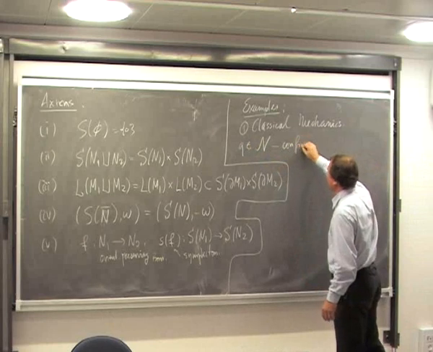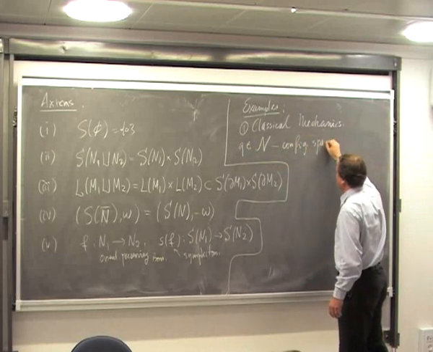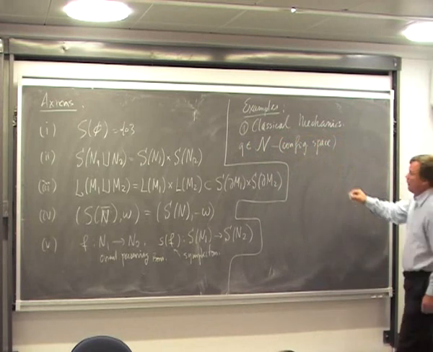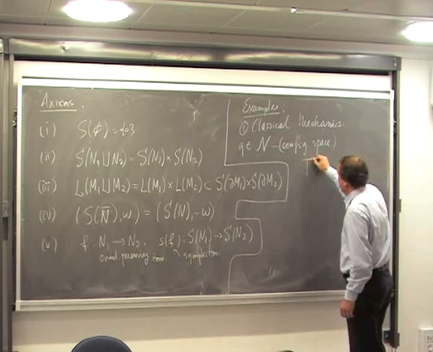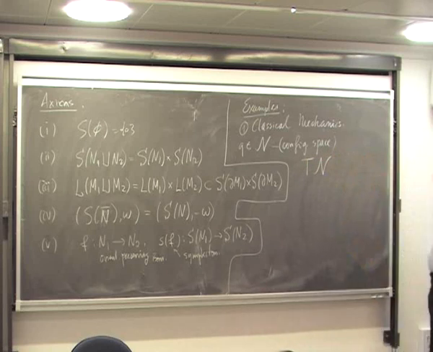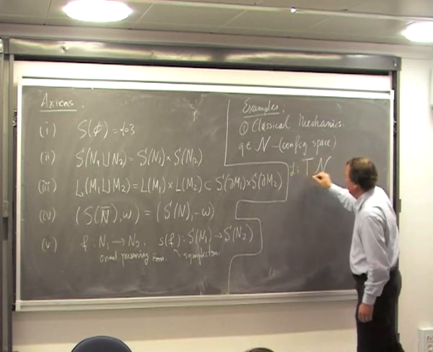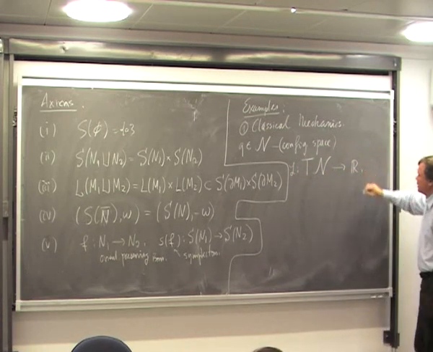This is the configuration space, the standard name in mechanics. The important role was played by the tangent space. That's where the Lagrangian of the theory is defined.